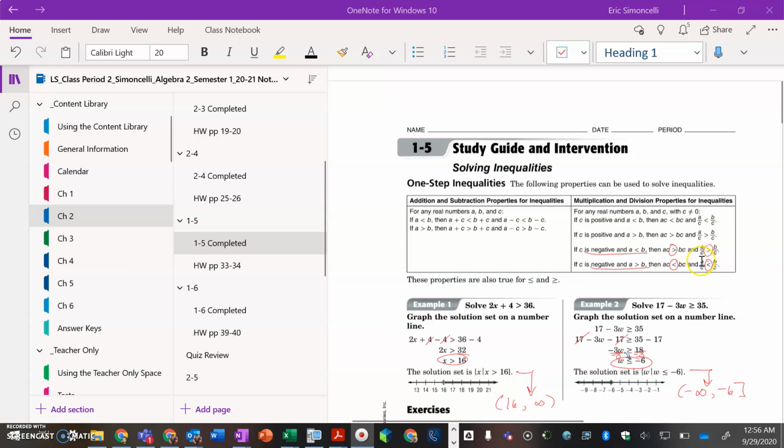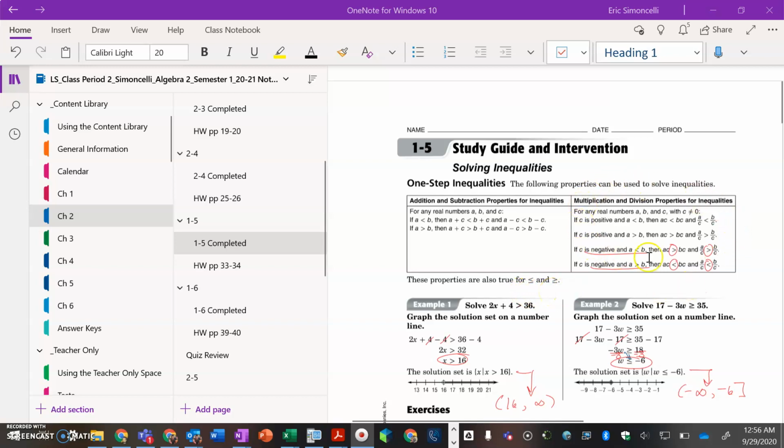But also if you divide both sides by c, again c being negative, you'll have to flip the inequality accordingly. The same holds true if a starts to be greater than b. Multiplying both sides by c, it flips to less than, and then dividing, it flips to less than. These properties are true as well for less than or equal to and greater than or equal to.